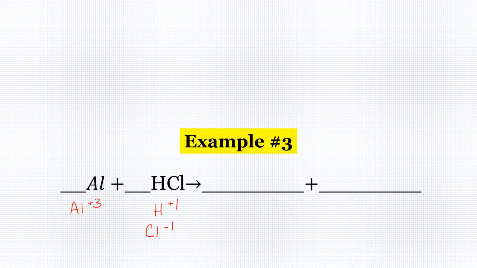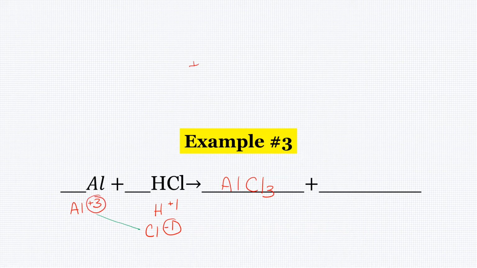The only items that can combine are aluminum and chlorine. So I need 3 chlorines to combine with our aluminum because this is a -1, this is a +3.